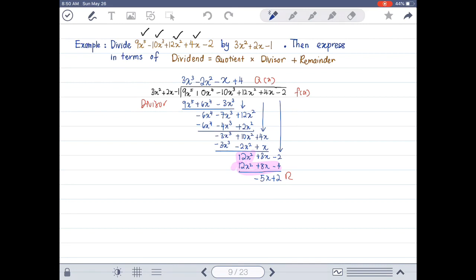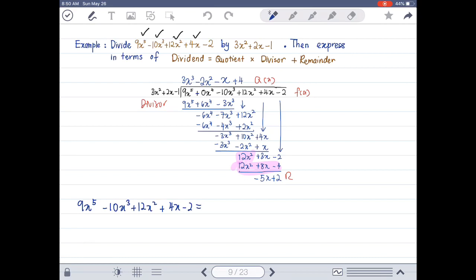So just write down 9x to the power of 5, minus 10x to the power of 3, plus 12x squared, plus 4x minus 2.